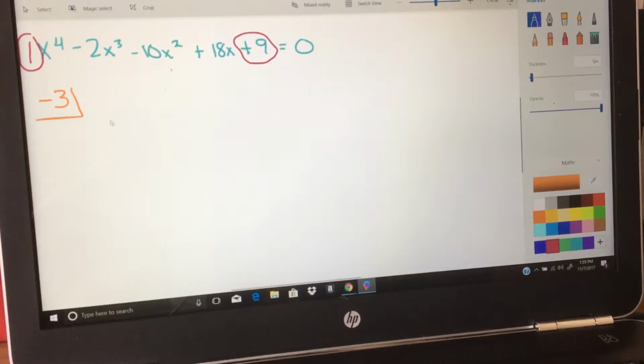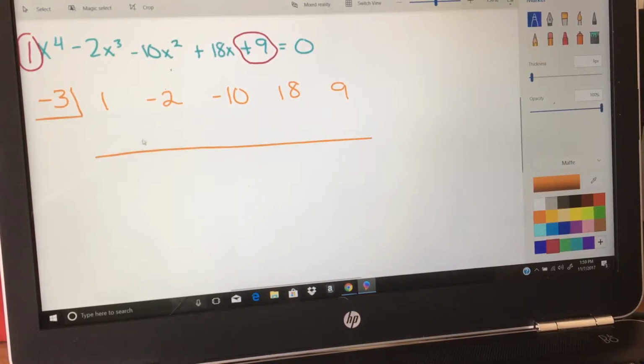So we divide out a negative 3 using synthetic division, so we have a 1, a negative 2, negative 10, an 18, and a 9, and we bring down the 1. 1 times negative 3 gets negative 3. Negative 2 minus 3 gives us a negative 5.